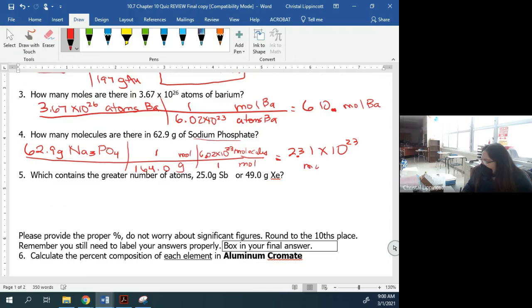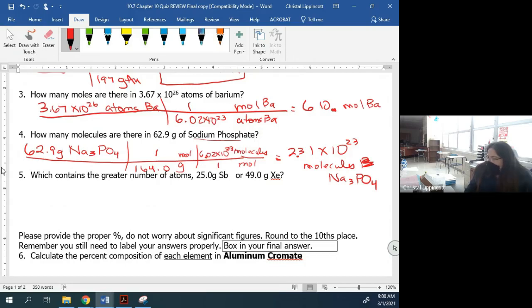So that's going to be molecules of Na3PO4. Okay, so molecules of this is my label. Once I get my answer, I'm going to go back and I'm going to check my sig figs. 3 sig figs here, 3 sig figs here.